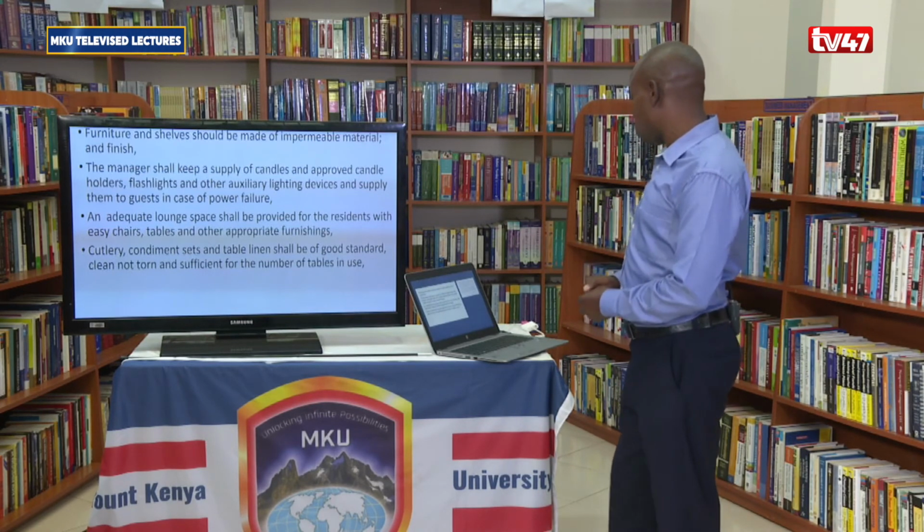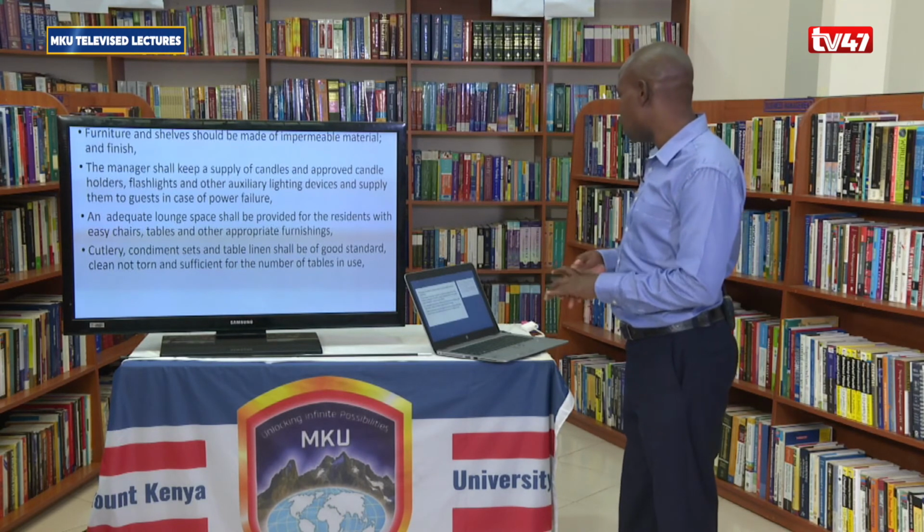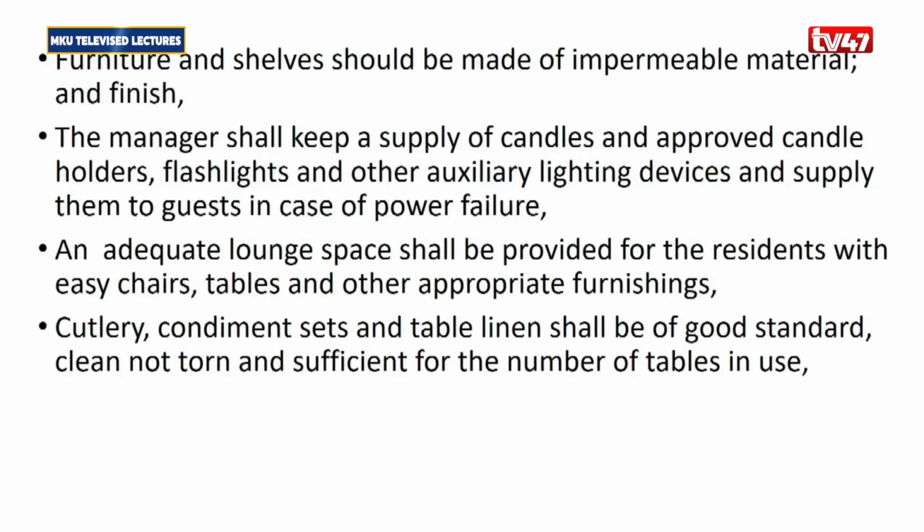An adequate lounge space shall be provided for the residents with easy chairs, tables, and other appropriate finishing. Cutlery, condiments, sets, and table linen shall be of good standard, clean, not torn, and sufficient for the number of tables in use. Don't give your customers food with cutlery or condiments that are outdated, meaning that maybe the cutlery has some rust.